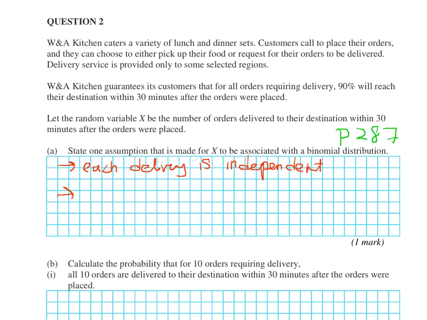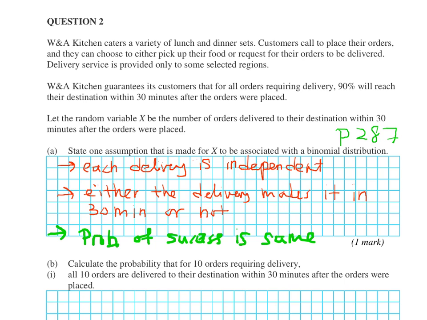There are 3 ideas. One of them would be each delivery is independent. The other one is about the idea of 2 outcomes of binomial. So in this case, the delivery either makes it within 30 minutes or it does not. And the probability that the delivery makes it within 30 minutes is the same for every delivery.